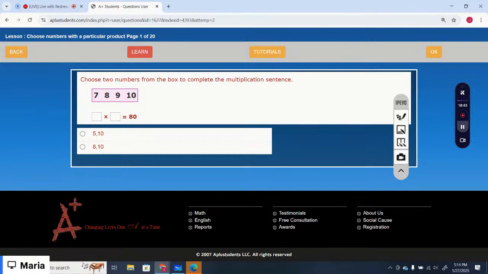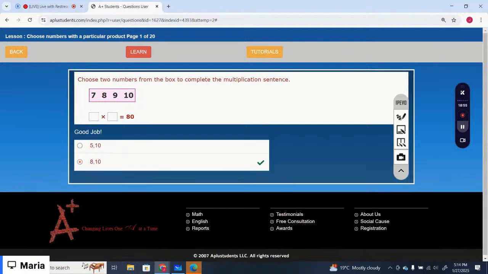That is 8 times 10 is 80. You are given two of the options. You can check one by one. 5 times 10 is 50. The correct option is 8 and 10 because 8 times 10 makes 80.